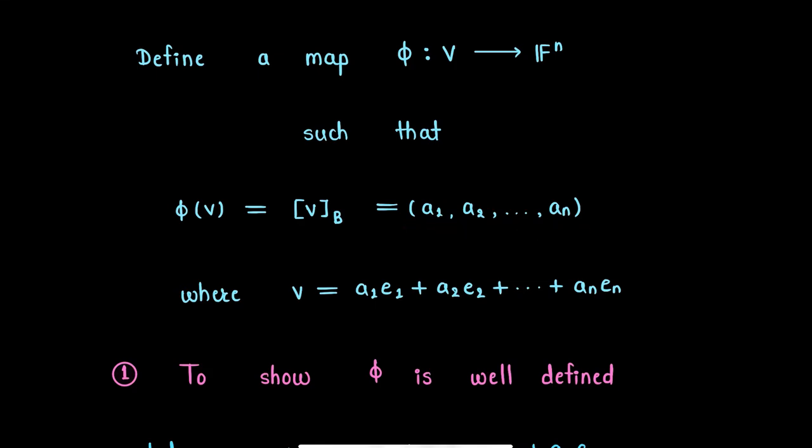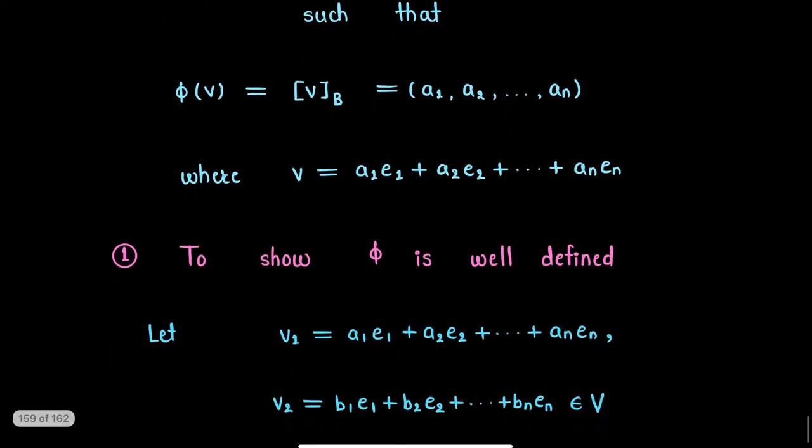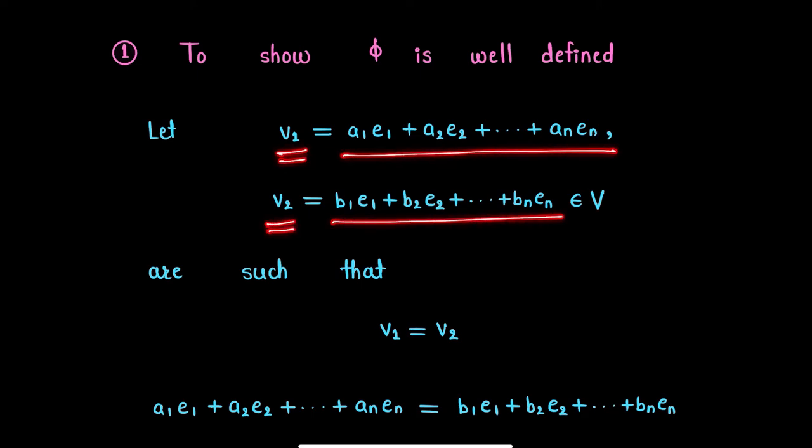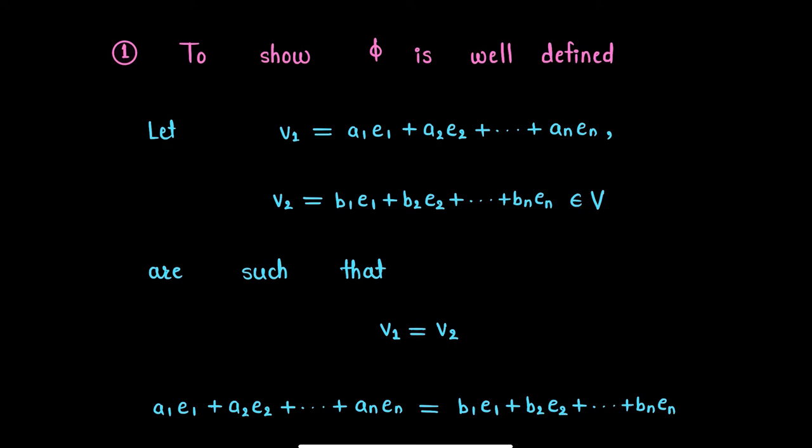Now we have defined this map phi from our side, so we need to show that this map phi is well defined. For this, consider two vectors, say v1 and v2 in vector space V, with v1 having a representation of this type and v2 having a representation of this type with respect to basis B. Now let v1 and v2 be vectors in vector space V such that v1 is equal to v2.